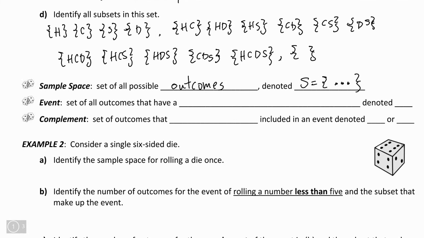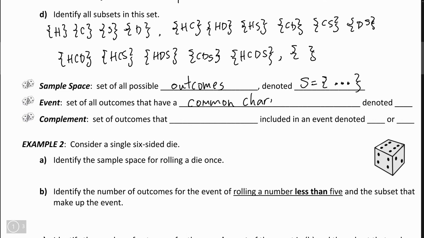The event is the set of all outcomes that have a common characteristic. This is going to be denoted A like we did before.